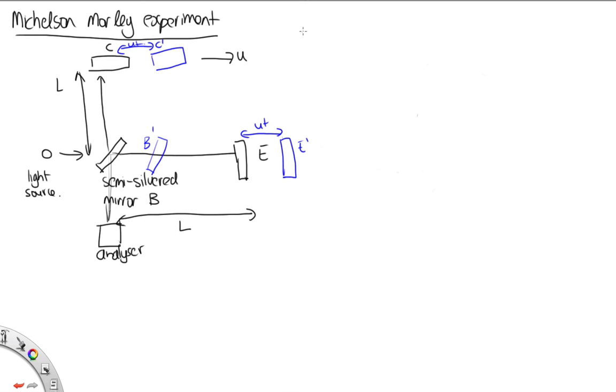Let's call the time from B to E, or E dash in this case, T1. So T1 is equal to the distance over the speed. The distance it has travelled is this distance L, and then the additional ut. So that's the total distance travelled. And then the speed it's going at is c, as it is a light wave.